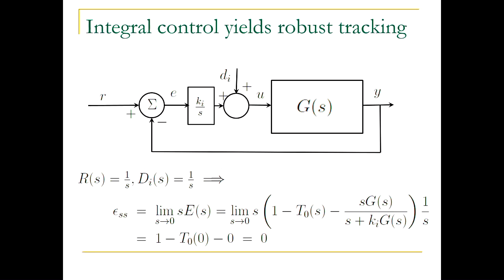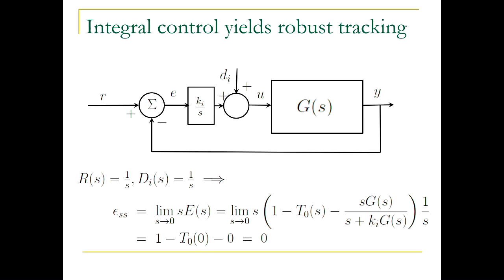So in that case, I get that the error is this bracket times 1 over S. What's inside the bracket? It's 1 that corresponds to R, right? And then we have minus T0 that corresponds to Y, right? And then this term here corresponds to DI, right?